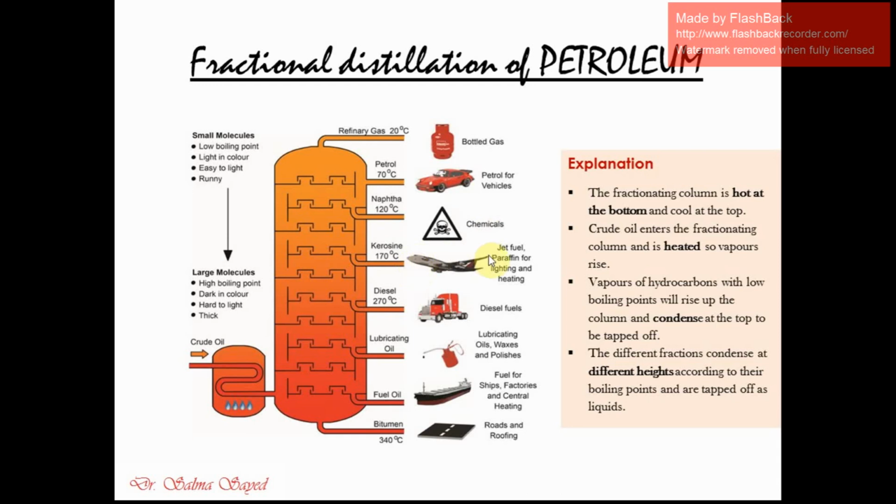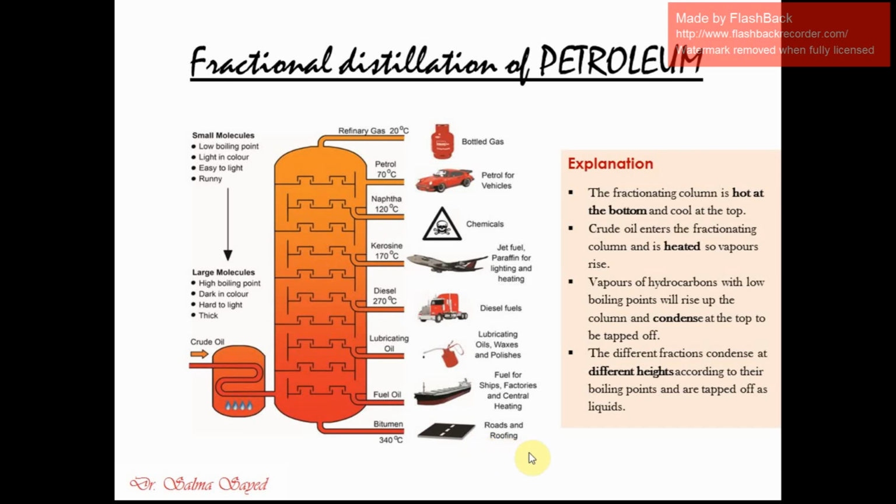Kerosene, also known as paraffin, is a jet fuel used in planes. It's also used for lighting and heating. Diesel is used in diesel engines, and can also be known as gas oil. Lubricating oil is used as a lubricant and in waxes and polishes. Fuel oil is used in ships or central heating. And finally, bitumen or asphalt is used in roads or roofing.